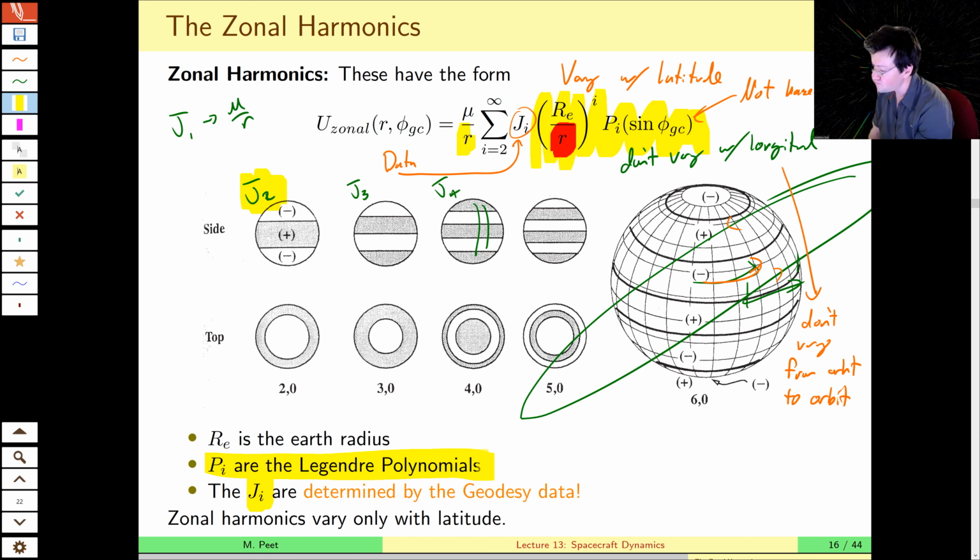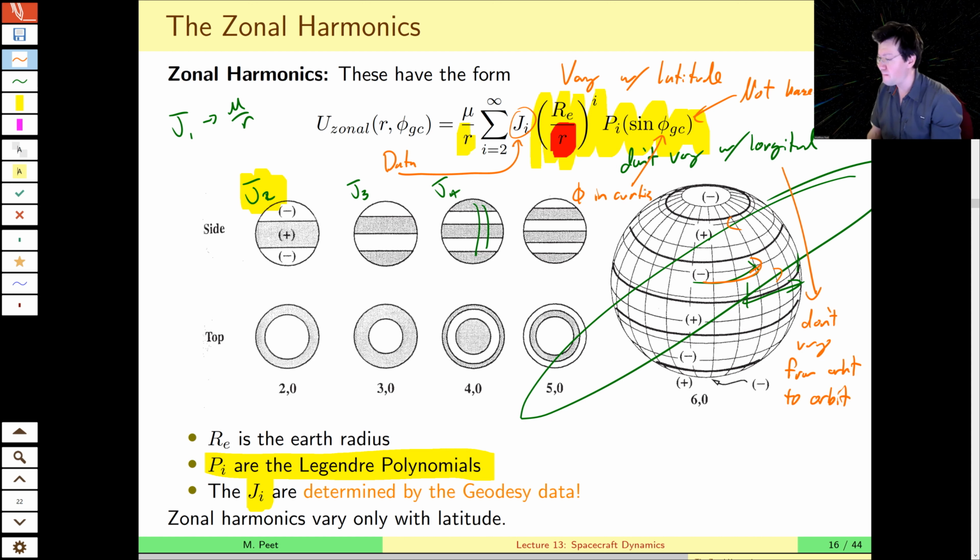And here I should mention that we are defining these in terms of latitude, whereas Curtis defines them in terms of phi from the pole. We get this as a function of sine phi, where Curtis gets it as a function of cosine phi.